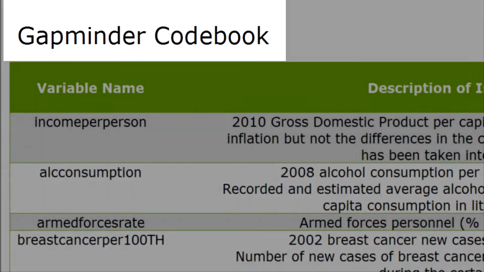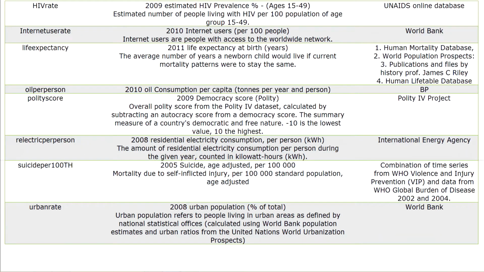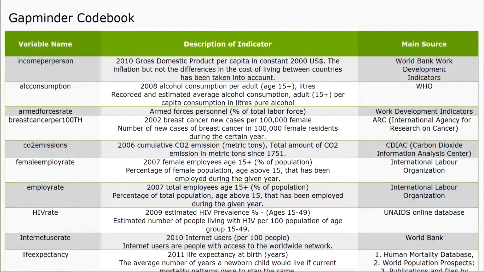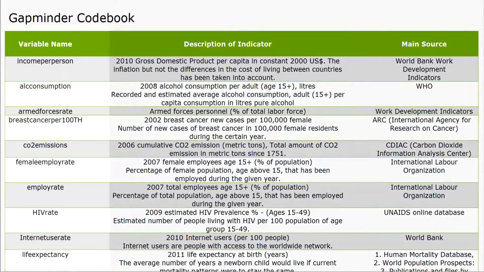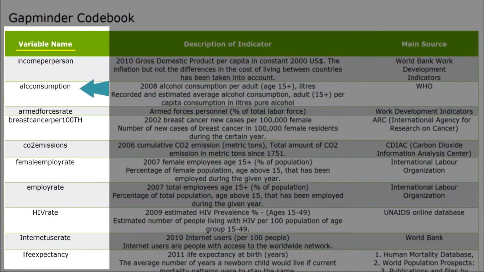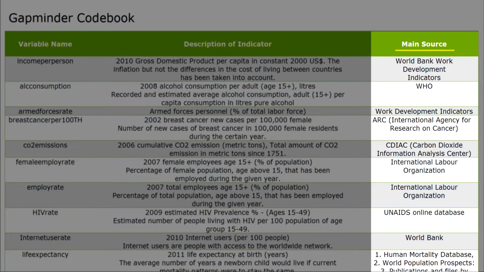From the Gapminder dataset, we see a slightly different look to the codebook, but very similar features. You can see that the middle column describes each of the variables. The column on the left indicates the variable name used in the dataset, and finally the right-hand column lists the source of data. Again, these are quantitative variables.